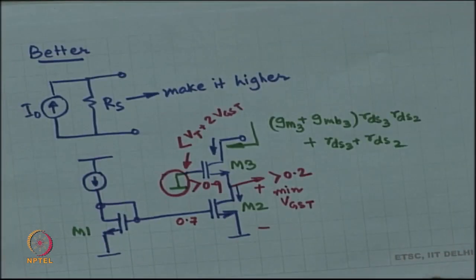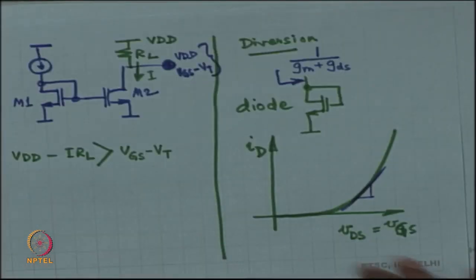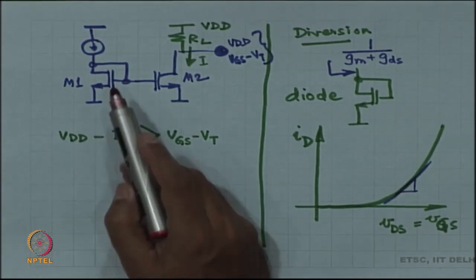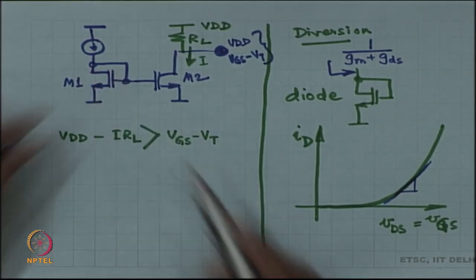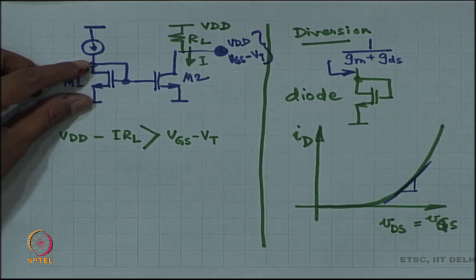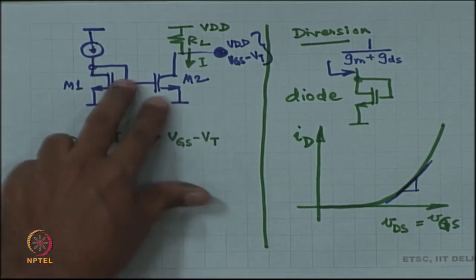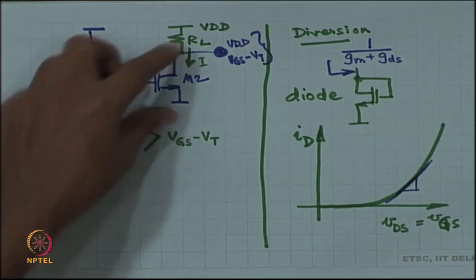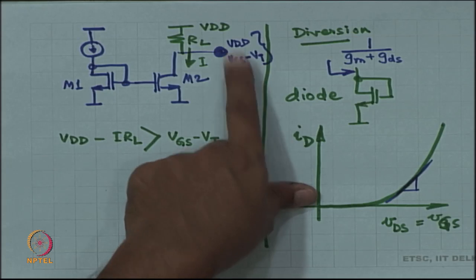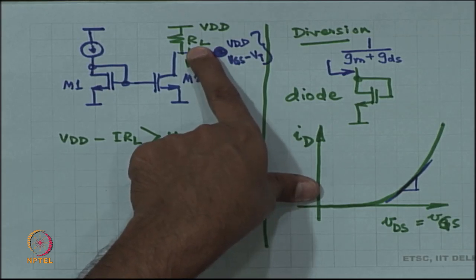How about in the one transistor situation? In the one transistor situation, once again in the reference VDS and VGS are equal, but in the output device VGS is something, but VDS is completely dependent on the load resistor.